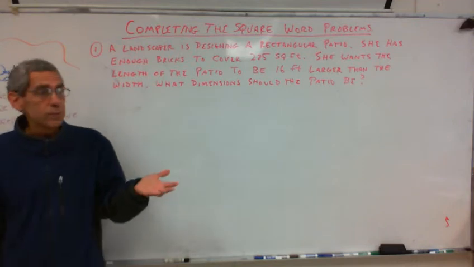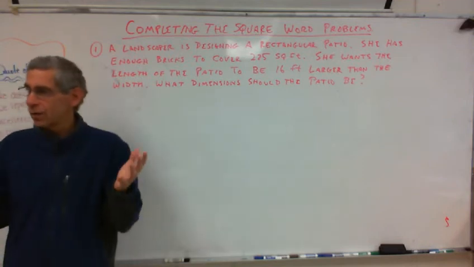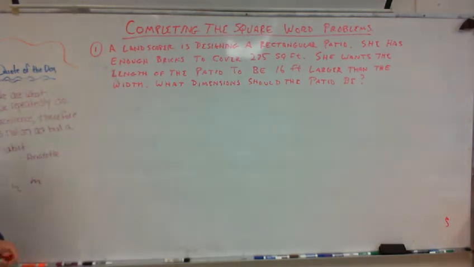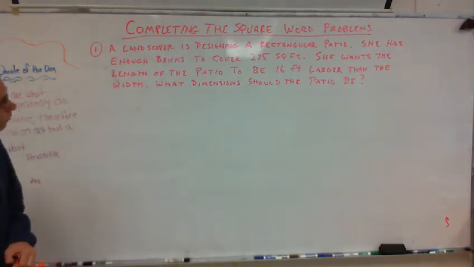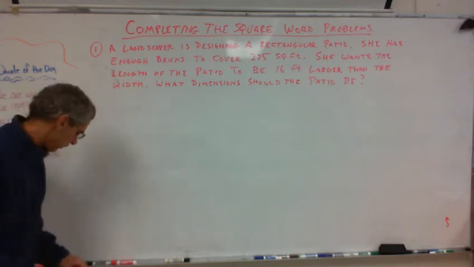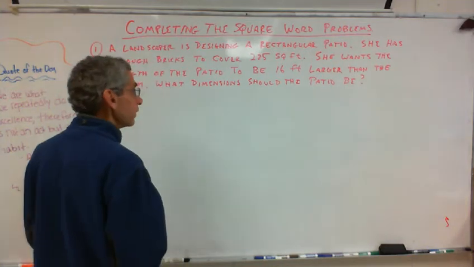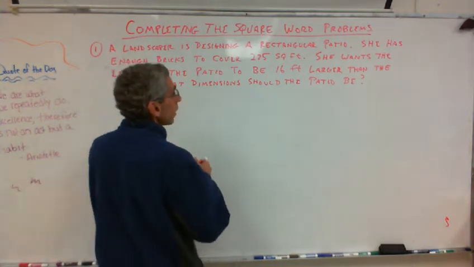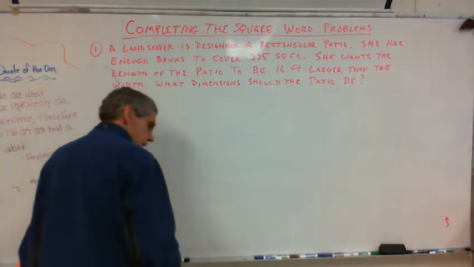If we're talking about something like a rectangular patio, ta-da! I'm going to draw a picture of a rectangular patio. So a landscaper is designing a rectangular patio. She has enough bricks to cover 225 square feet. I'm going to start underlining things that seem important to me. Rectangular patio.